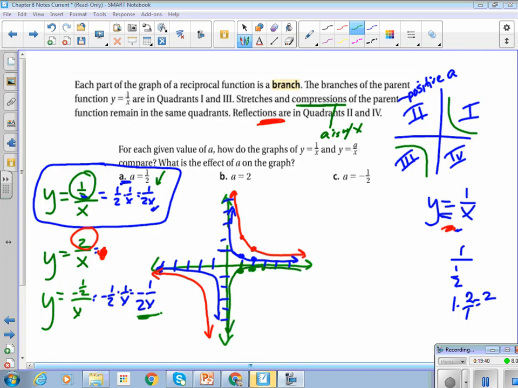When my A is negative, I get reflected across y equals 0, the x-axis. So it took this blue guy here and reflected it across the x-axis. So I'm going to take my blue guy here, and I'm going to reflect him across the x-axis as well. So what that does is it loops this guy up like that.